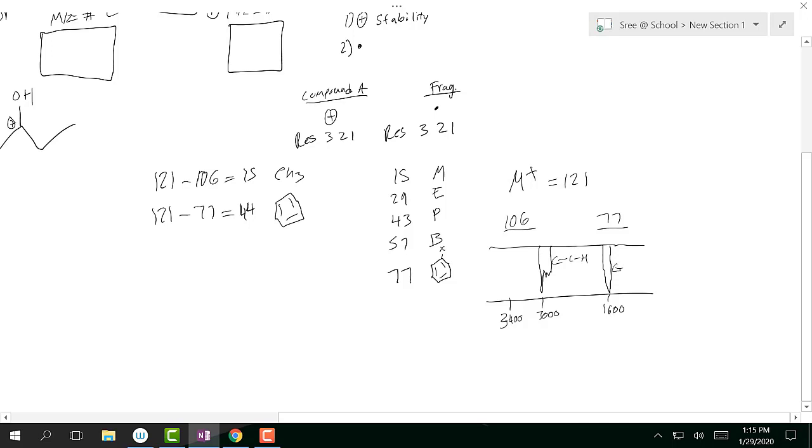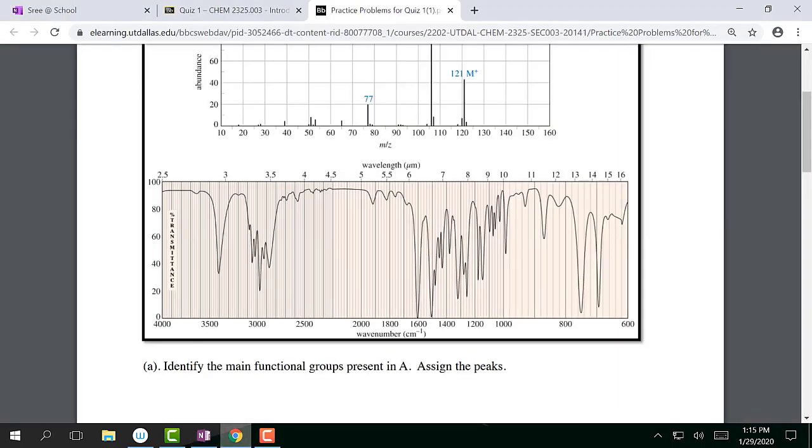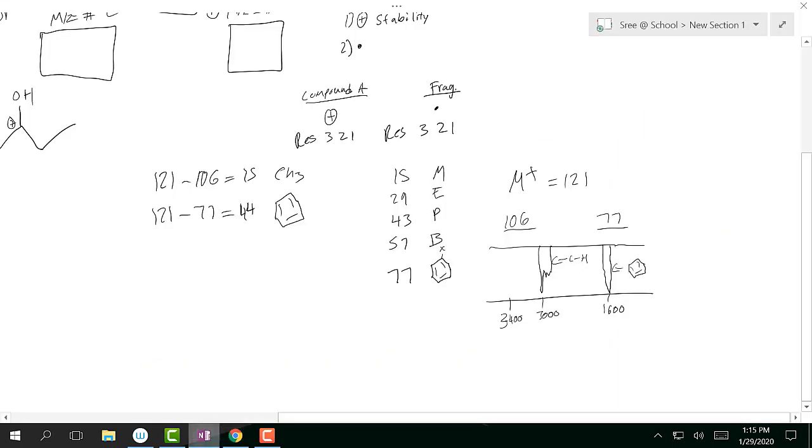So this is a benzene ring, and we know that there's a couple of CHs. Now at 3400, there's also that sharp peak right here. Now a peak at that range, and if it only has a single spike, does anyone know what that is? Secondary. Yeah.